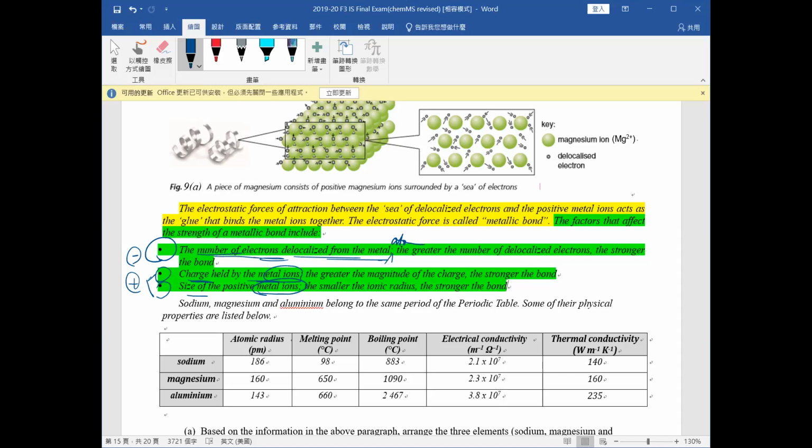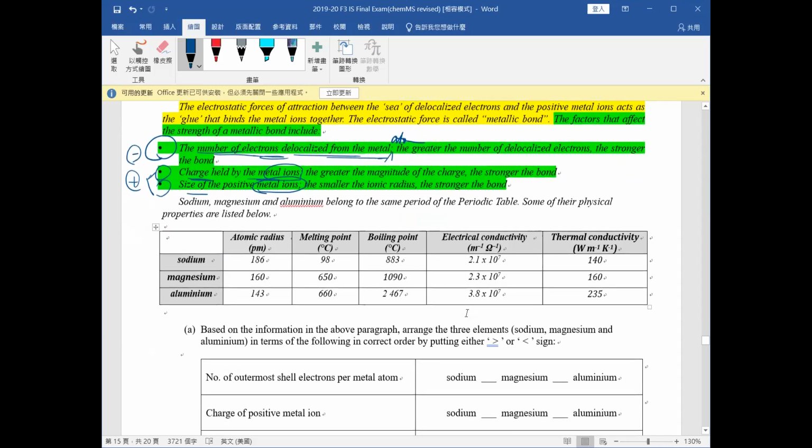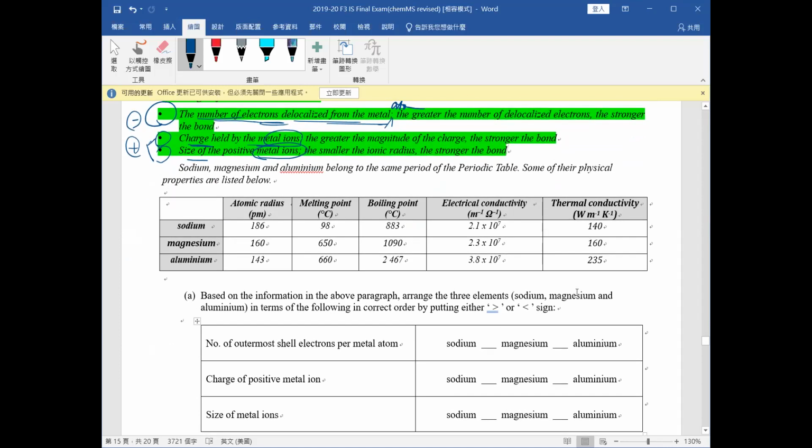So I use this. Can you relate the following? First of all, can you tell the number of outermost shell electrons per metal atom lost for delocalization?